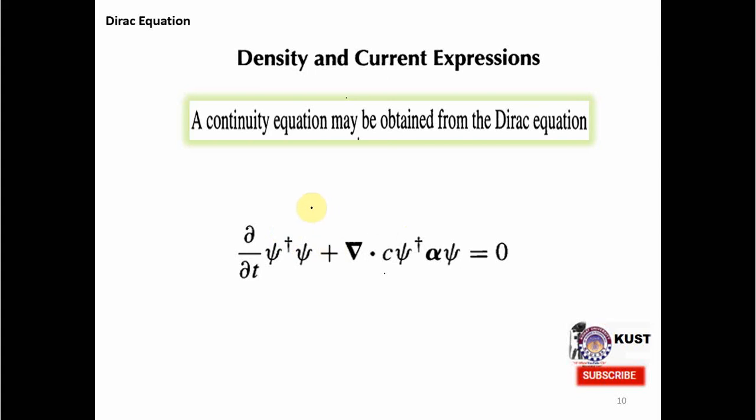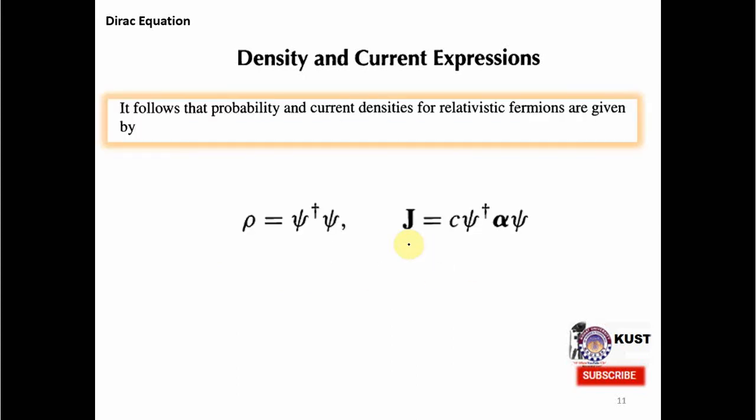From there you can see the first term is giving us the charge density, and the second term is giving us the current density. So rho is the charge density, psi dagger psi, and the second term j is the current density, c psi dagger alpha psi.